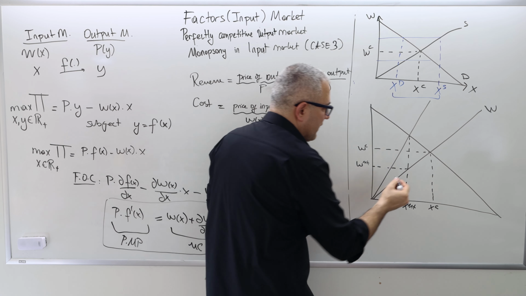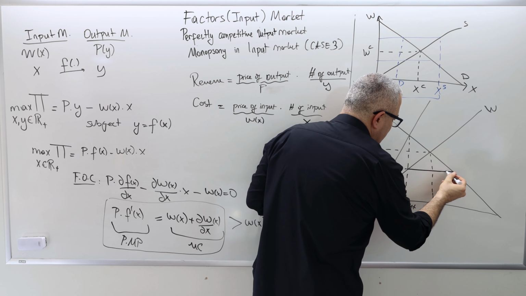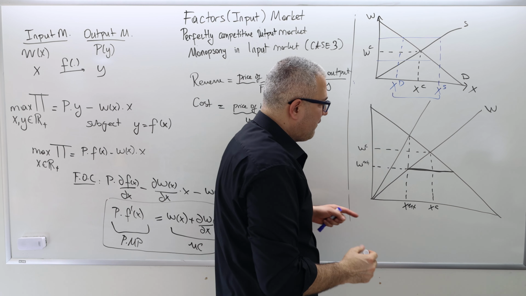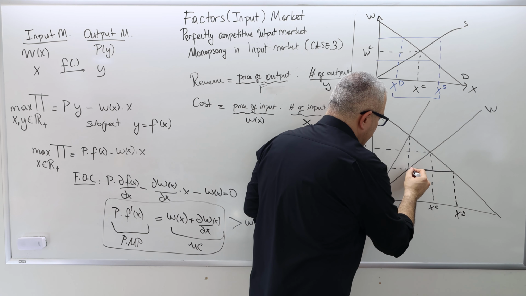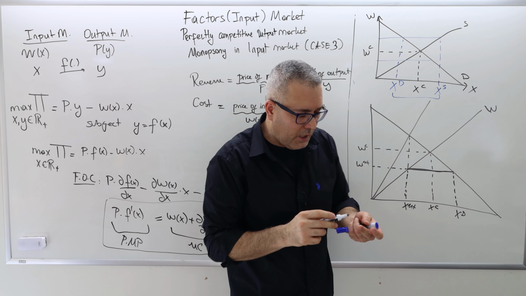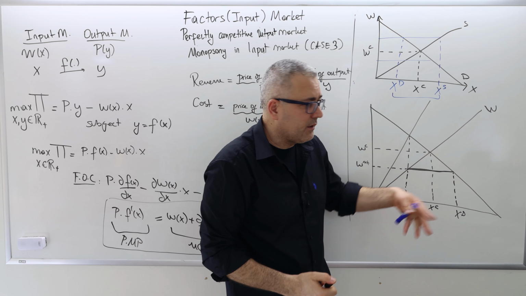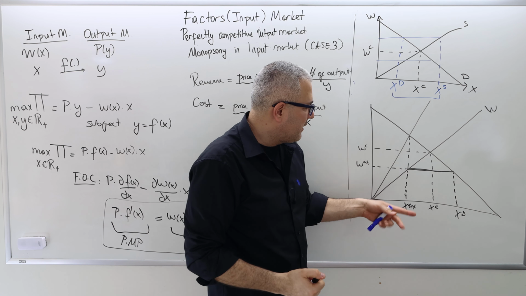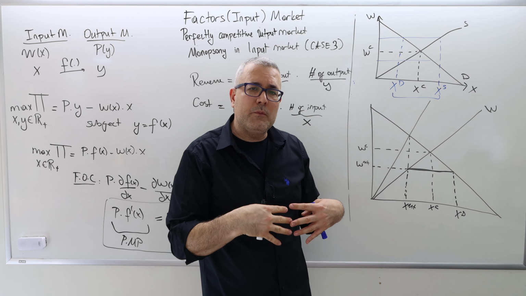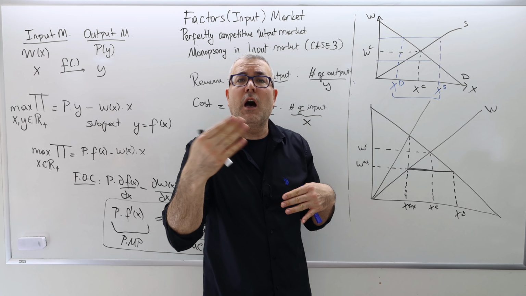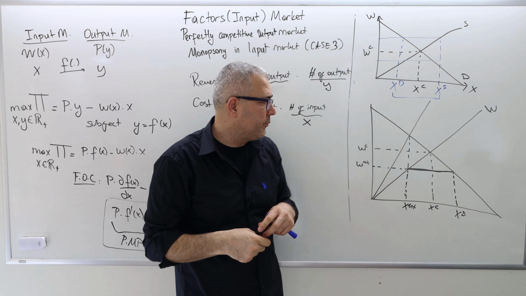So at this wage level, we have demand this much, but supply this much. The monopsonist would like to demand more, but there is not enough supply. So it's not unemployment, but the employment is less than the optimal level, the competitive equilibrium level.